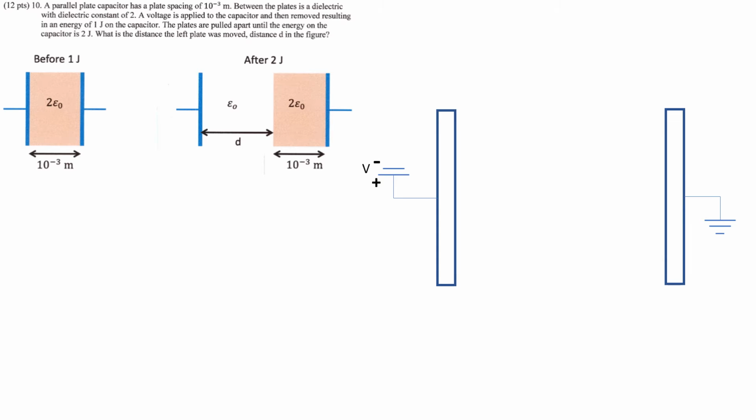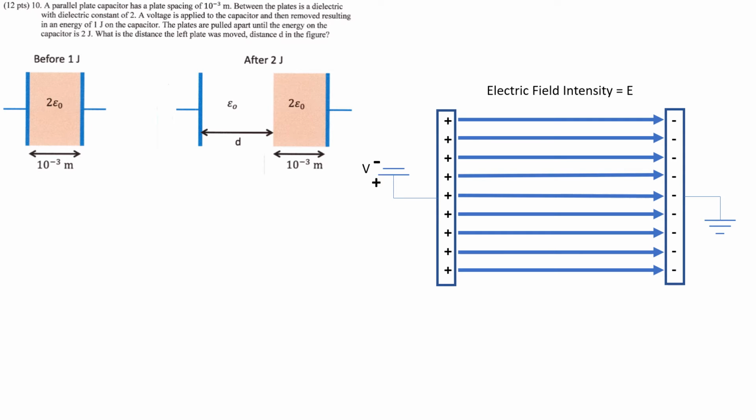Let us look at a dielectric when it is placed within this capacitor. When a voltage is applied to this capacitor, an initial electric field is created going from the free positive charge to the free negative charge.